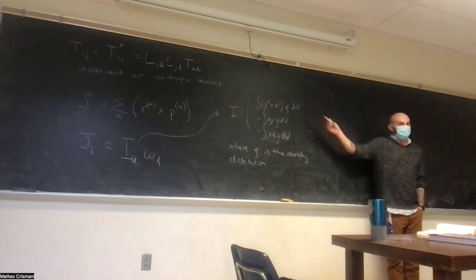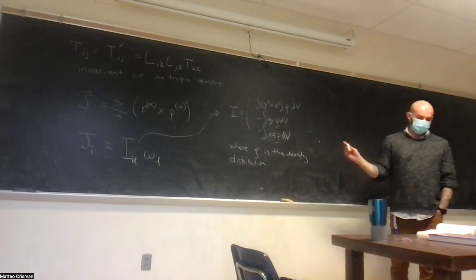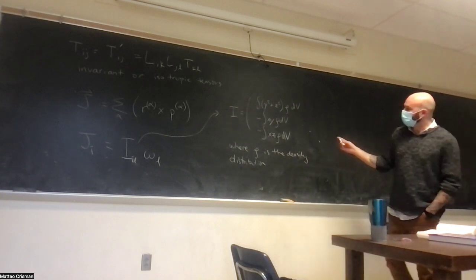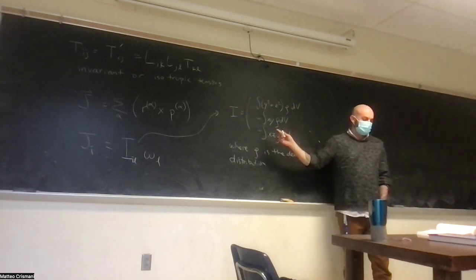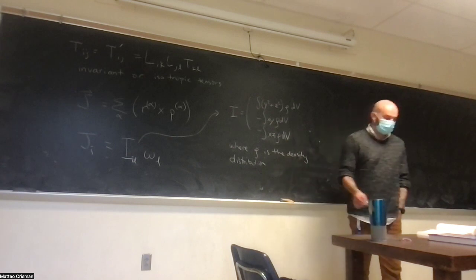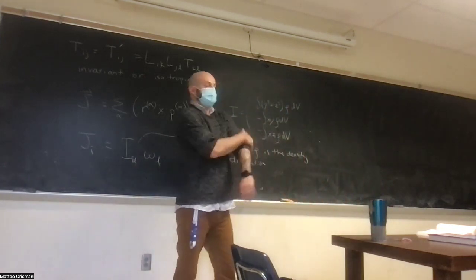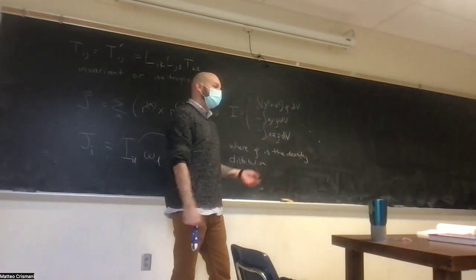But these diagonal elements are what we call the moments of inertia. You've heard that before? Okay. And the off-diagonal elements are called the products of inertia. And you don't have to memorize that. But I just want to show you that they're ubiquitous in the way that we use them in physical mechanics.